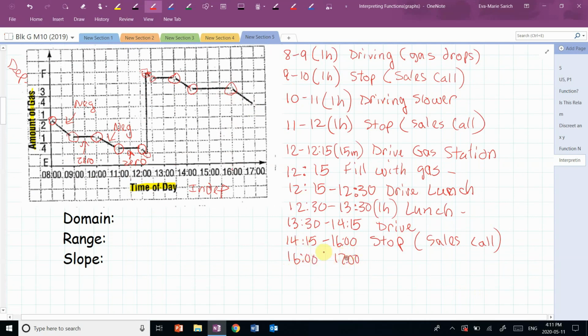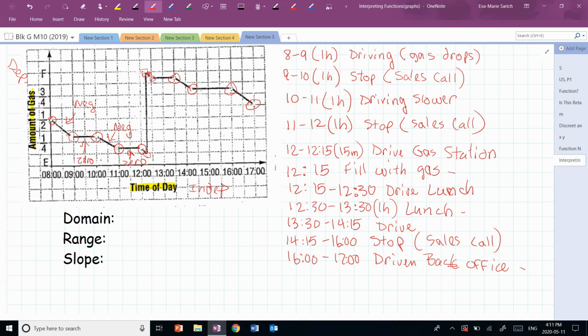And again, that's an hour that has gone by where they have probably driven back to the office, right? And that's the end of the day. The car is parked there and it's not going to be moving again. Okay, so that's kind of a look at what's going on. It's the time of day that's driving the amount of gas, right? You can see definitely after 1700, there's no activity in the car because it's the end of the day and the car is not being driven.